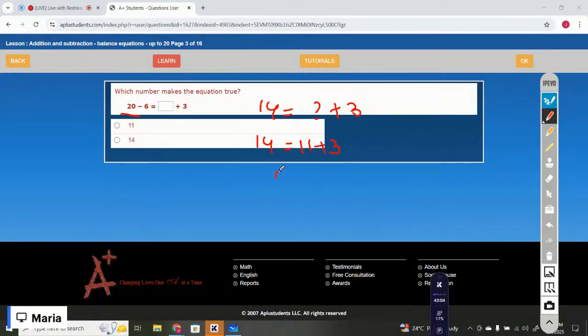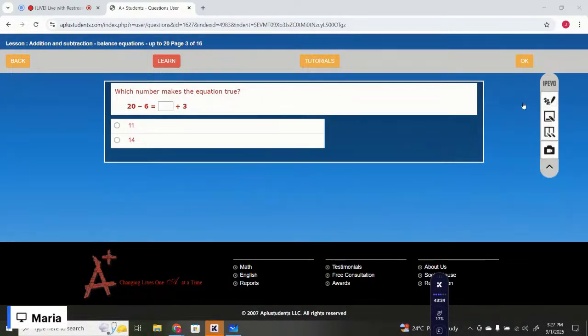So 14 is equal to 14. So the correct option is 11. Option number 1 is the correct option.